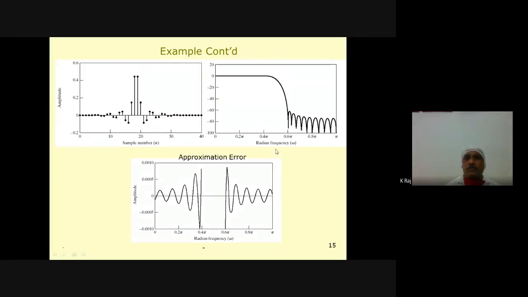This is the time domain and frequency domain representation of the designed filter h[n] and H(e^jω). Now the approximation error is calculated and represented here. We can calculate the approximation error, that is, the difference between the exact theoretical value and the practical or simulated result. So that is named the approximation error.